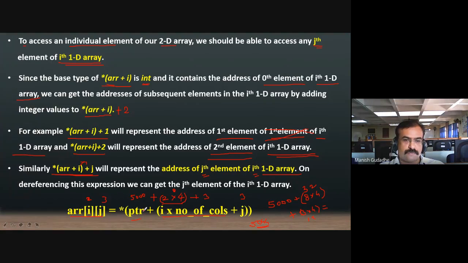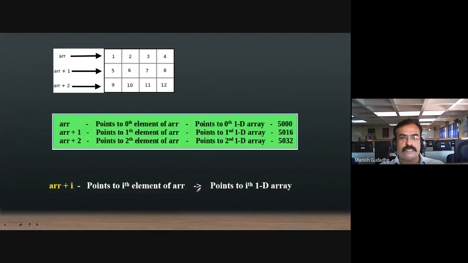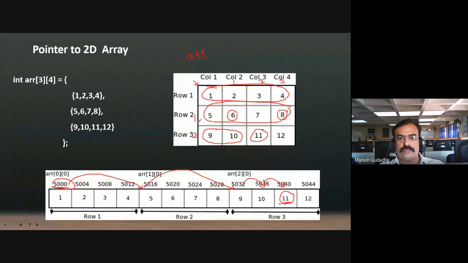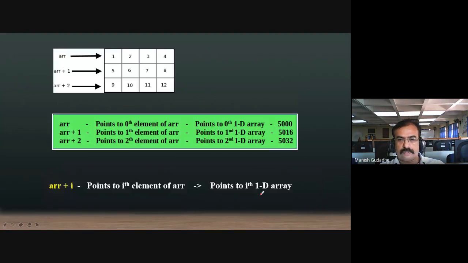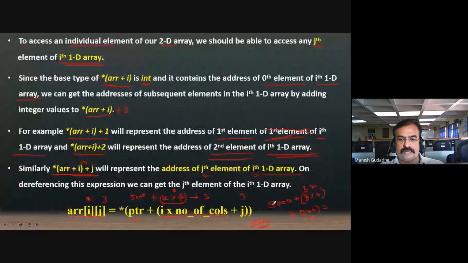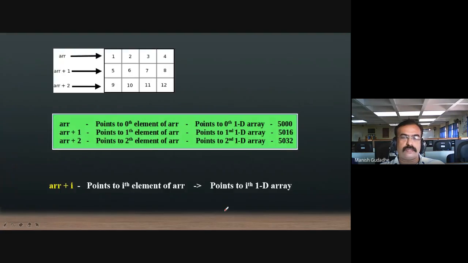Let us check whether A of 2, 3 resides there or not. A of 2, 3 is 11. It should be at that element, so it should be 2.0, 24. Okay, so this way we can access the elements of an array of 2 dimensions, one by one, all of them.